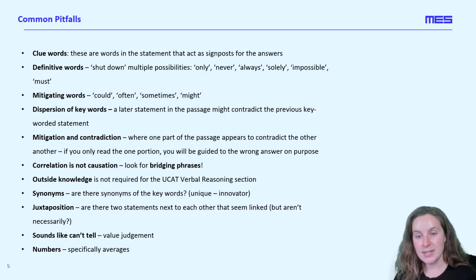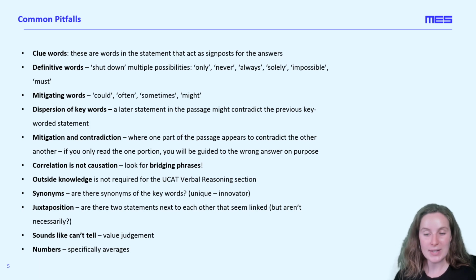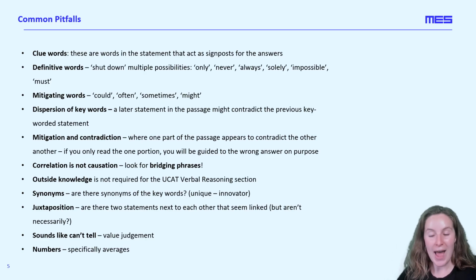That being said, keywords sometimes are used more than once across the passage. This is done on purpose to ensure that you, as the test taker, are skimming through the entire passage and not stopping at your first instance of finding a keyword, because there may be information later in the passage or earlier in the passage that contradicts that specific sentence.